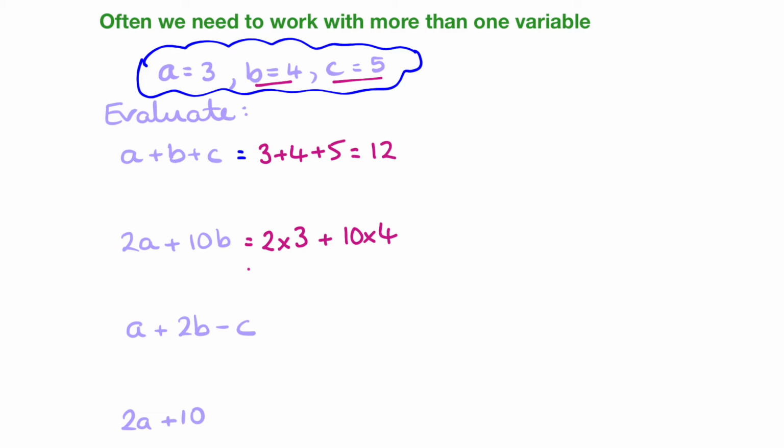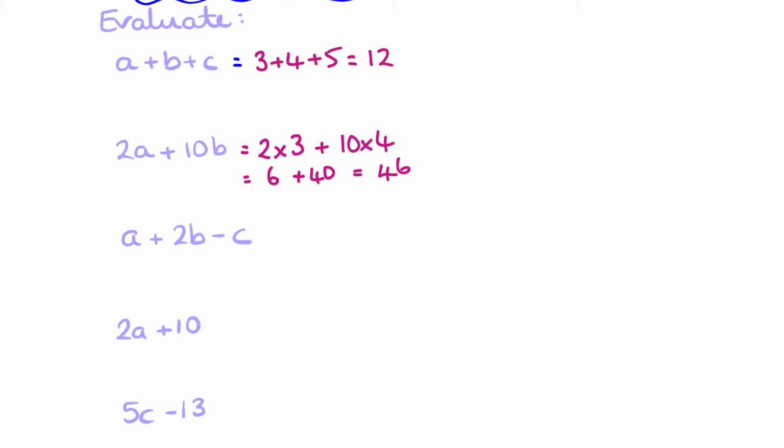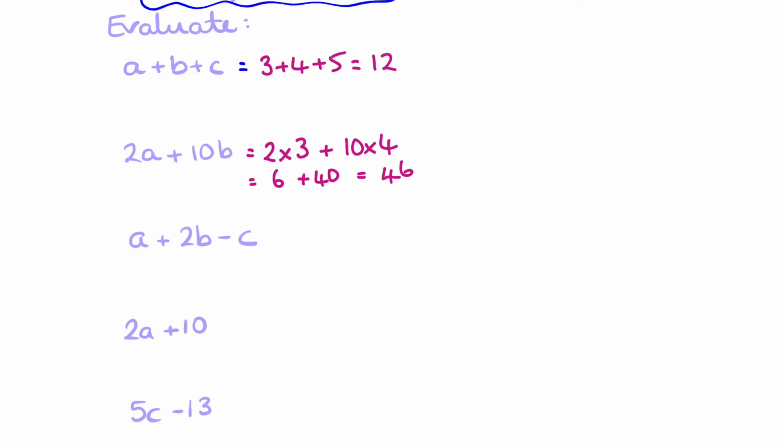In other words, 6 add 40, so that gives us 46. Just remember, when you've got letters and numbers stuck together, you have to work out the value of that bit and that bit before you can add them together.